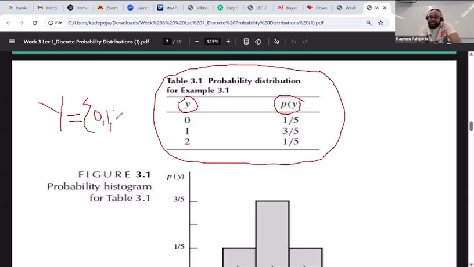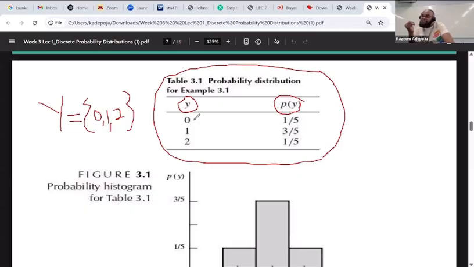That's exactly what I mean. So for every value of a random variable, we are able to find the probability associated with that. This is what we call a probability distribution.